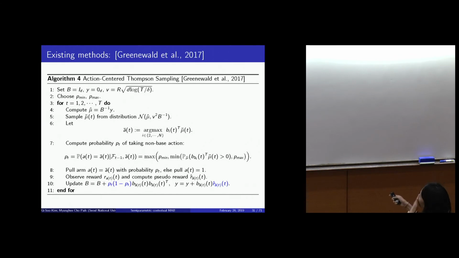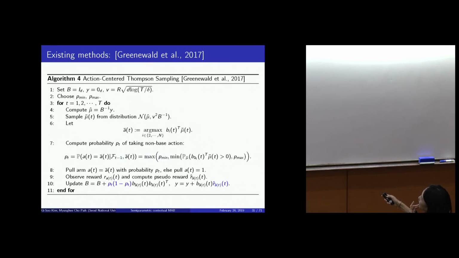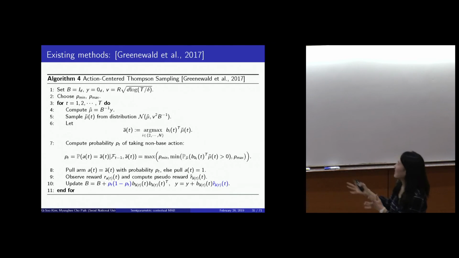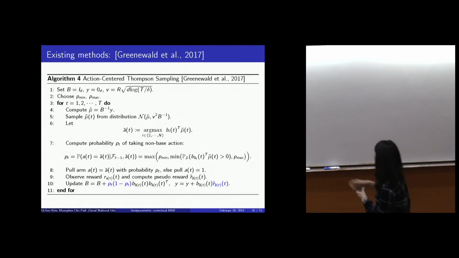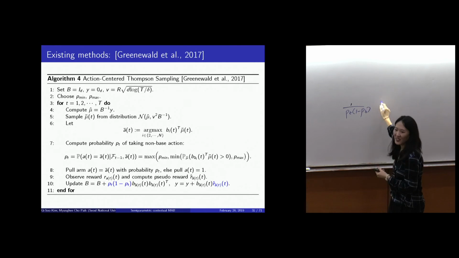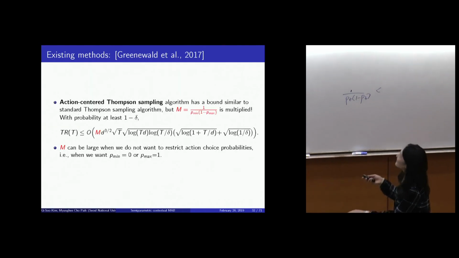Since the expectation of the pseudo reward looks like this, we should include this factor in the denominator. In the regret bound, this results in a factor like this, so it is bounded by the constant m.